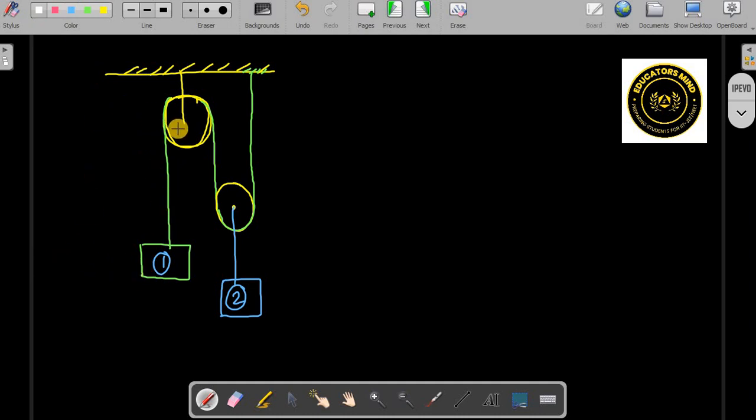Suppose this is first. So, let's say that this is a fixed line, a fixed point. Of course, this pulley is fixed here, so this point is not going to move. So this is pulley P1 you can take, and this is pulley P2. So pulley P1 is fixed, and pulley P2 is movable. It is moving, right?